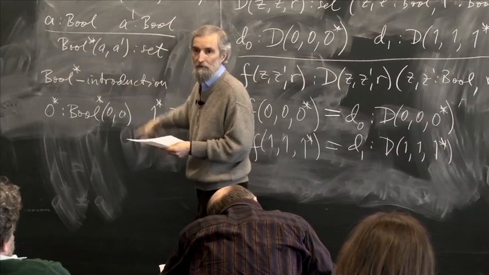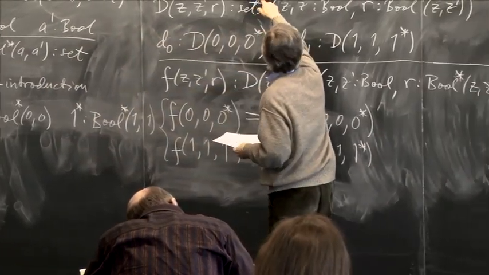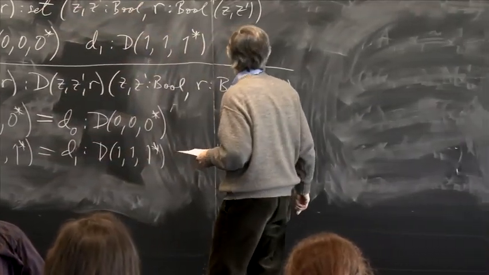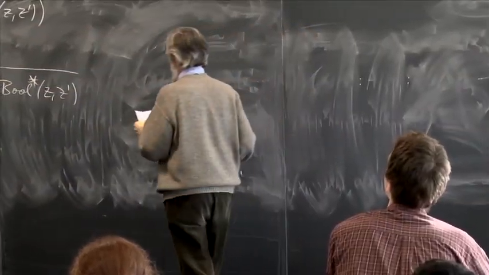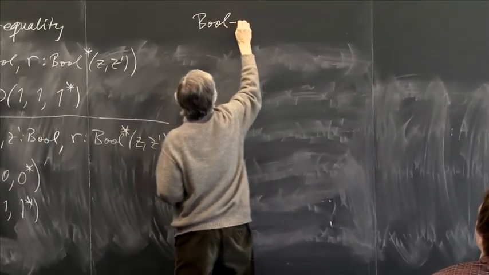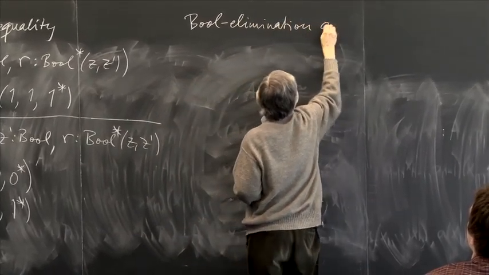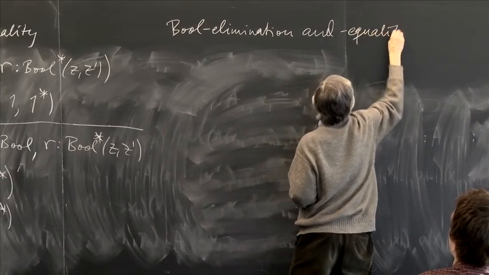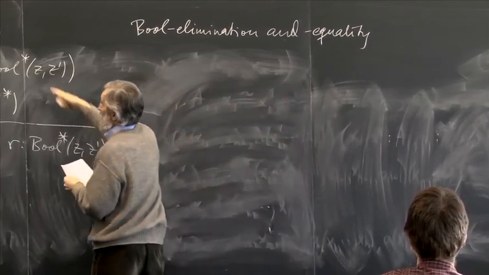So here I need not say anything new, but we have to consider the rules of bool elimination and bool equality in the model and see that they become validated. So what are the rules of bool elimination and equality, the standard rules? Well, it's simpler than this, of course.